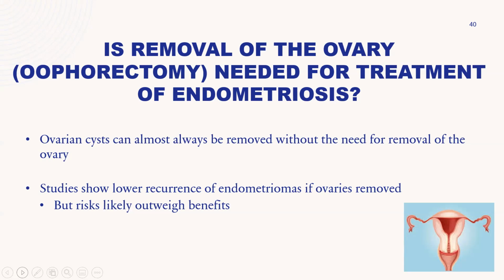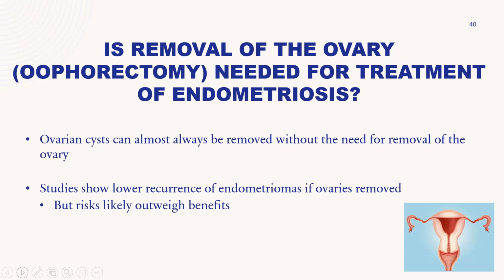Whether the ovary had an endometrioma or the surgeon decided to remove the ovary to lower the risk of recurrence, yes, there are studies that showed lower recurrence risk for endometriosis after oophorectomy, removal of both ovaries.